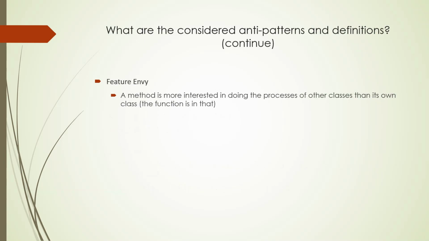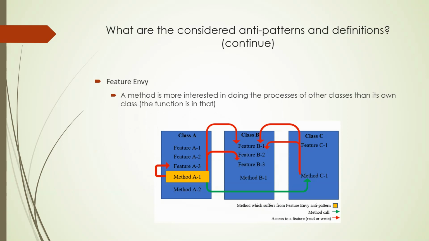The other anti-pattern considered in our study is feature envy. A method is more interested in the processing of other classes than its own class. You can see in this figure that method A1 accesses feature B1 and feature B3 in class B, and also calls method C1 in class C. On the other hand, method C1 accesses feature B1 and feature B2.